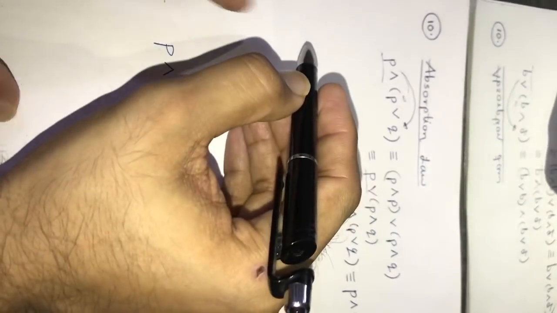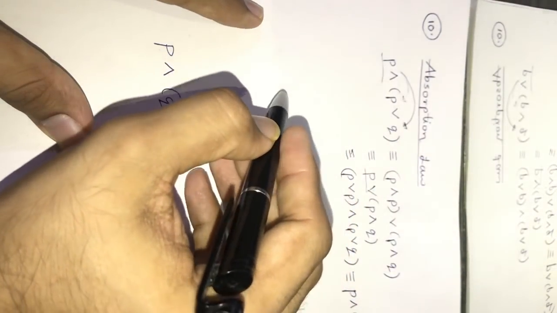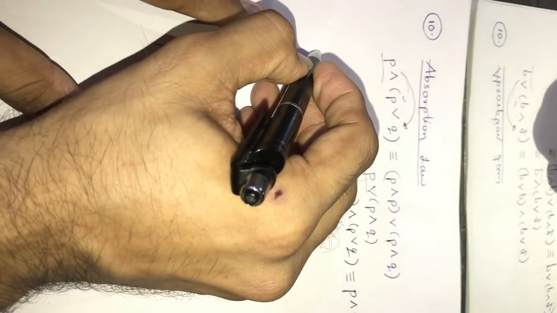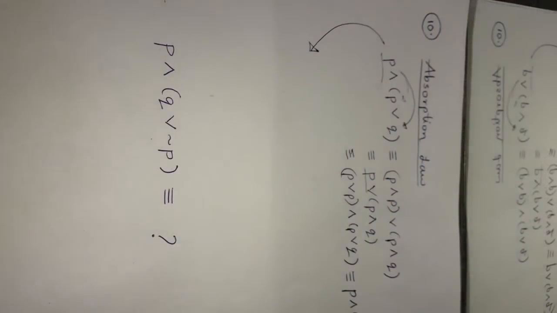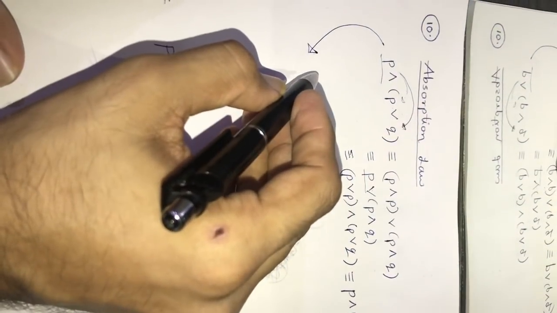So let me explain by truth table what I'm trying to tell you. By truth table, we first have to find out P. Let us make the truth table now not in the HSC format but in the CET format. How are we going to make the truth table in CET?